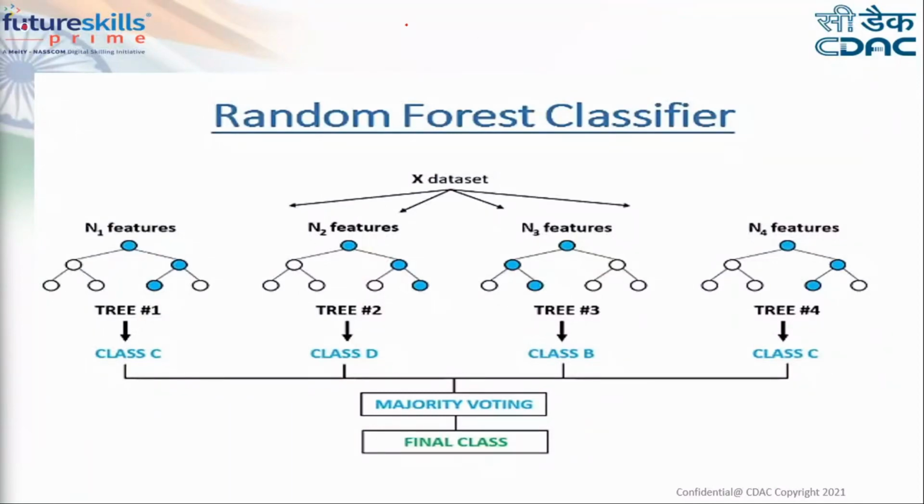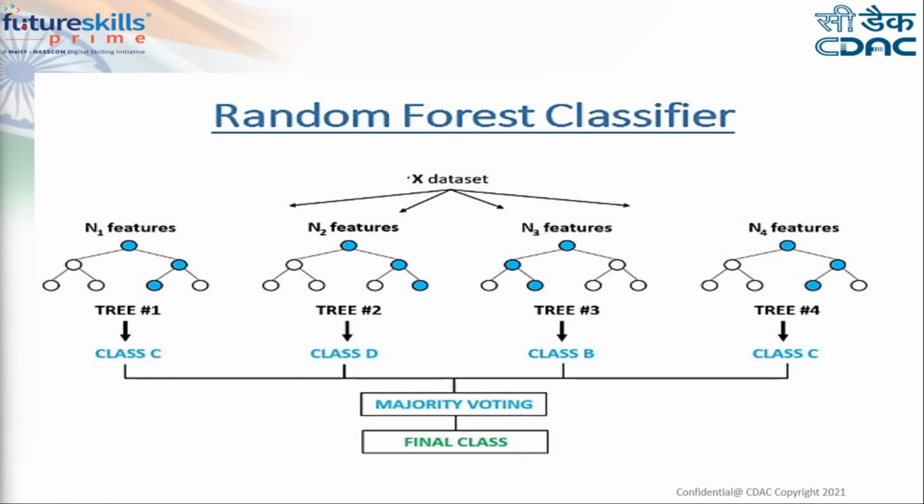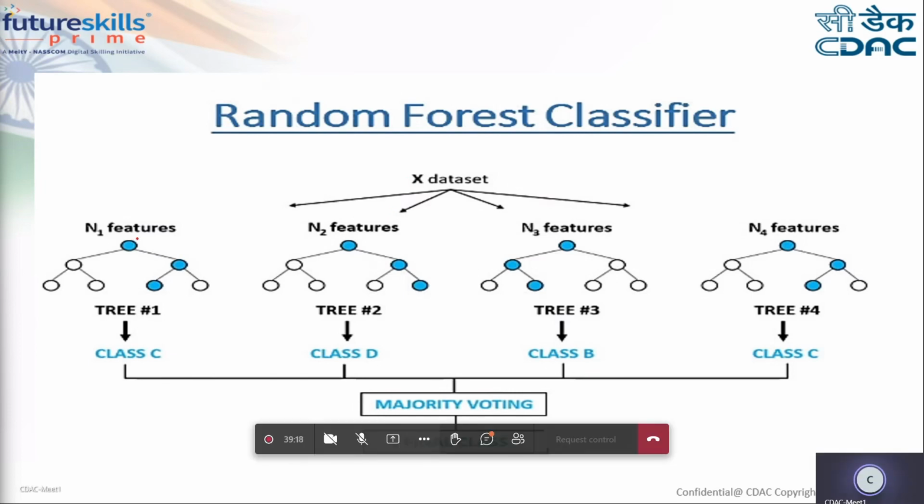See, this is diagrammatically explained, what is random forest classifier, which I have just explained. So we have X data set. From the X data set, we have taken different features. See, features means attributes.